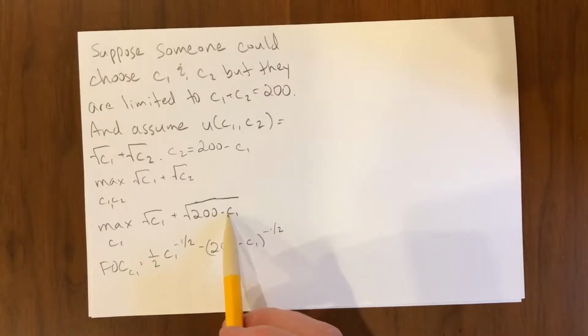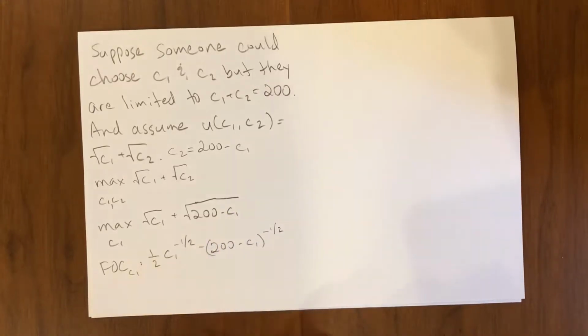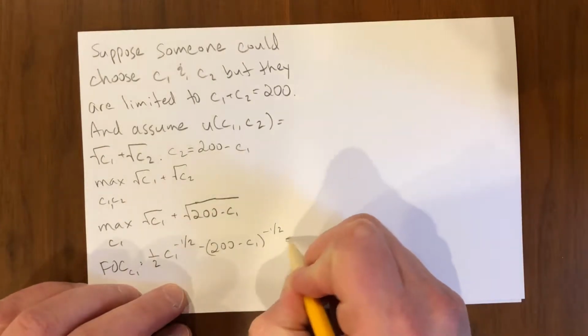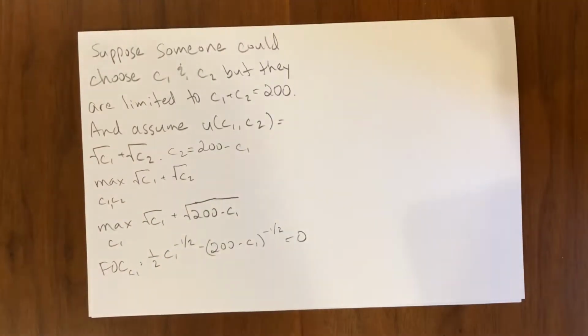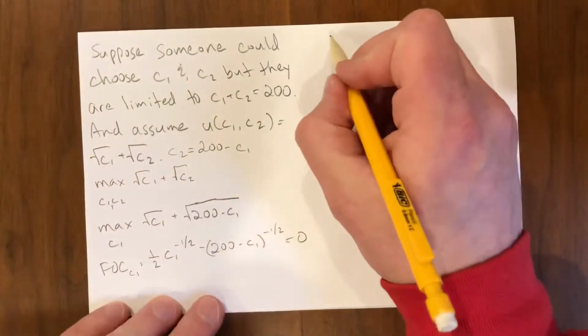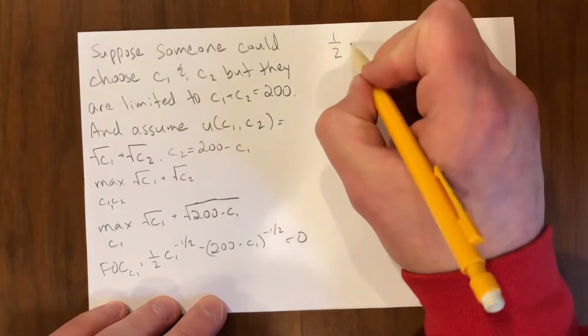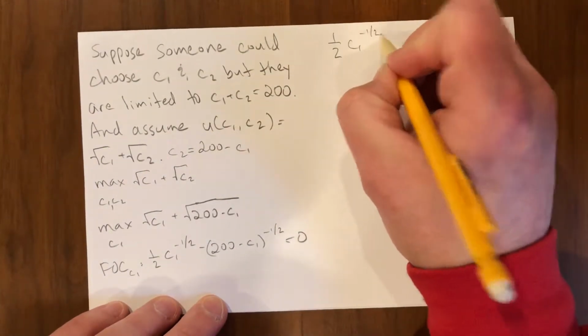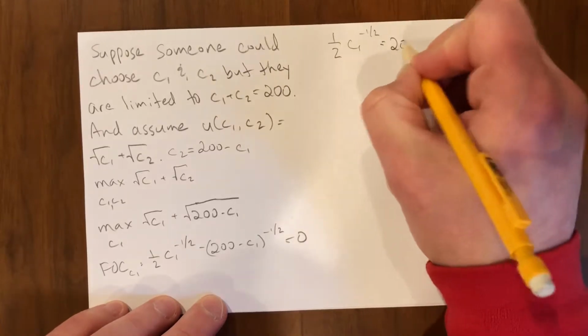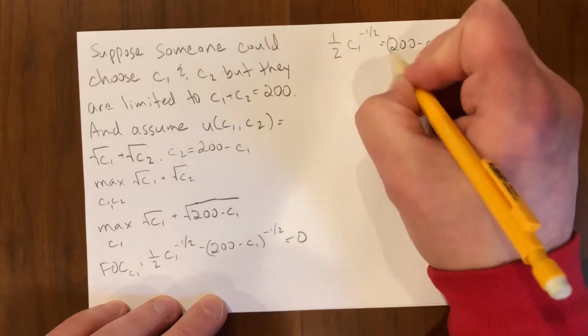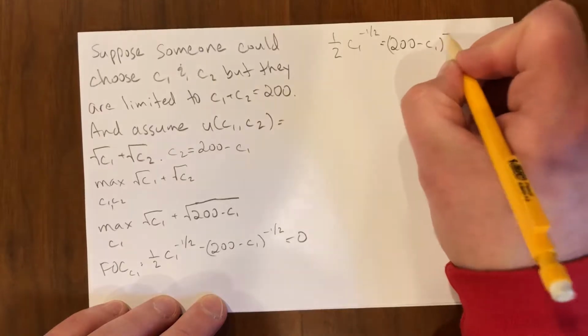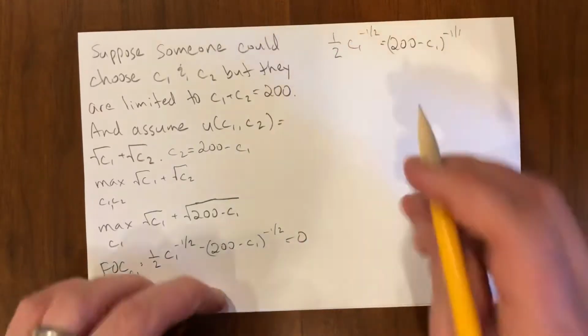Because we have a minus C1 inside, so that's why we need to make sure we have a minus here. So all of that is equal to 0. So we have 1/2 C1 to the negative 1/2 is equal to 200 minus C1 all to the negative 1/2.